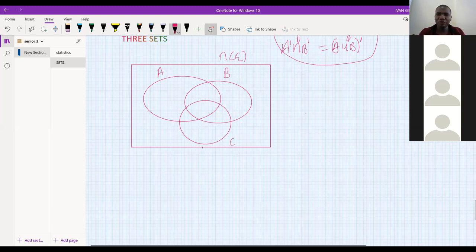Now we're going to define these regions. We want to know what each region represents. So let me call them region 1, 2, 3, or you can call them region A, B, C, D, E, F. Which one do you prefer, letters or numbers? Numbers.